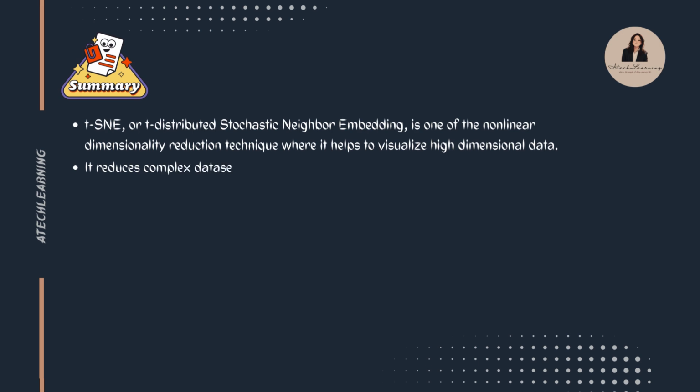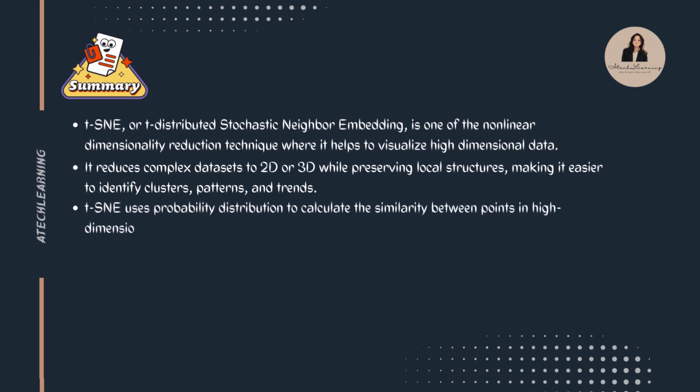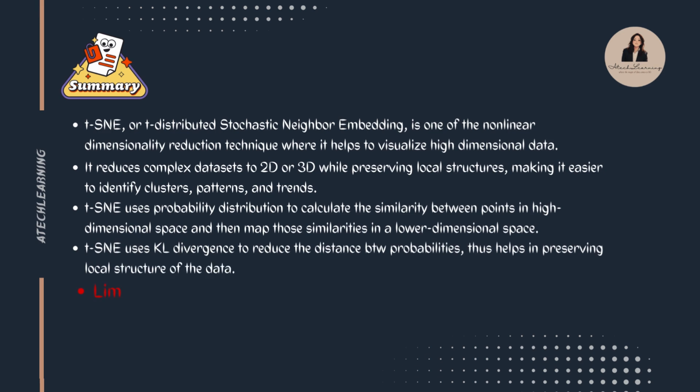It reduces complex data sets to 2D or 3D while preserving local structures, making it easier to identify clusters, patterns, and trends. t-SNE uses probability distributions to calculate the similarity between points in high dimensional space and then maps those similarities in a lower dimensional space. t-SNE uses KL divergence to reduce the distance between probabilities, thus helping in preserving the local structure of the data. Limitation: t-SNE focuses on local relationships, sometimes missing the bigger global picture.